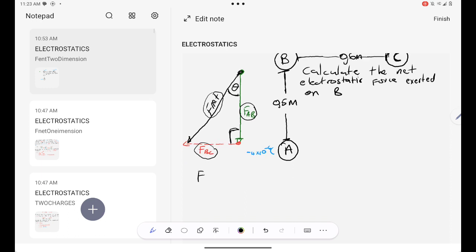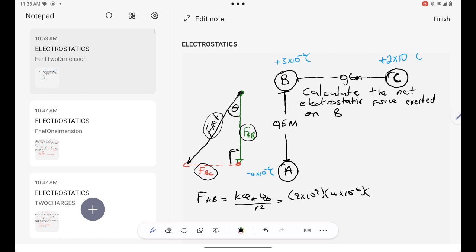So the force that exists between both charges A and B is simply k QA times QB over r squared. That's 9 times 10 to the power 9 multiplied by 4 times 10 to the power negative 6 and 3 times 10 to the power negative 6, all over 0.5 squared.